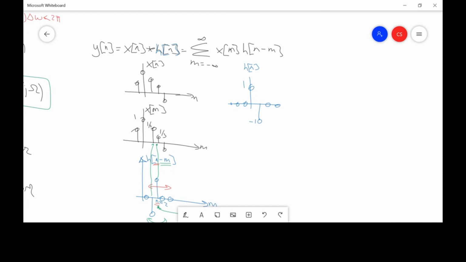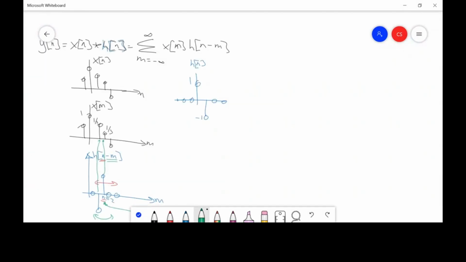I will not be strict now about the labels and all these coefficients, this +1, -1. I will not be careful about it. But let's say that my h of n goes from minus n to n. Let's use a different letter.